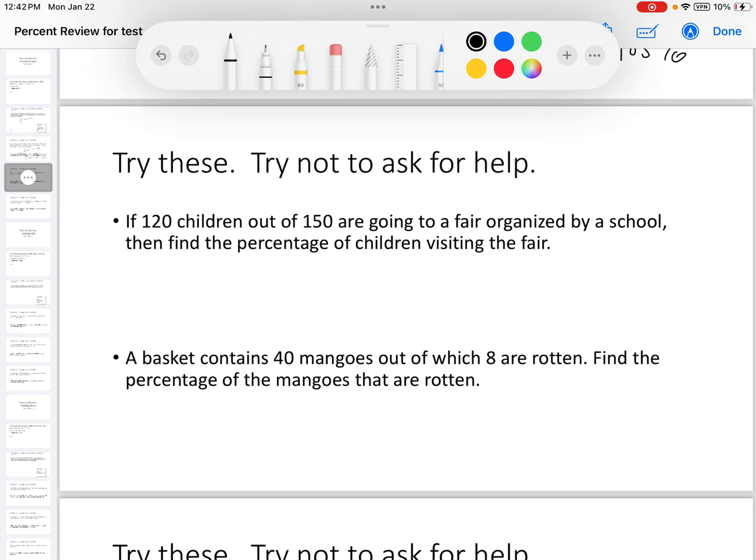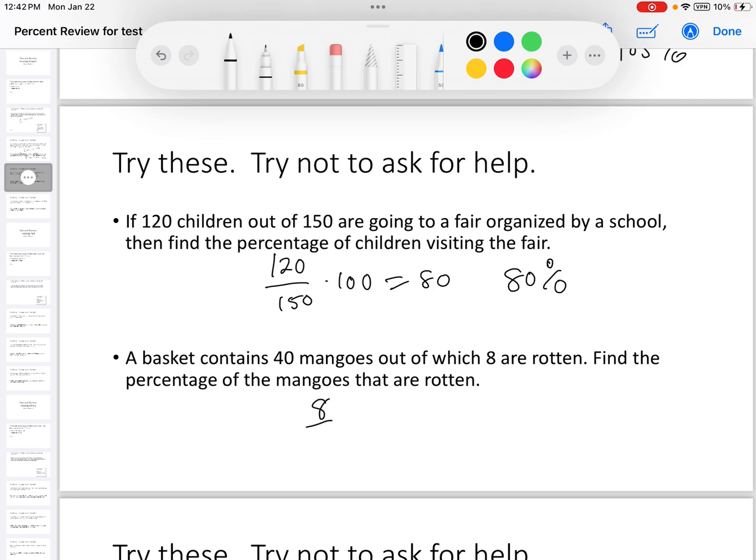There are 150 children, 120 are going, so that's 120 out of 150 times 100. 120 divided by 150 times 100 is equal to 80, so it is 80%. There are 40 mangoes, out of which 8 are rotten.